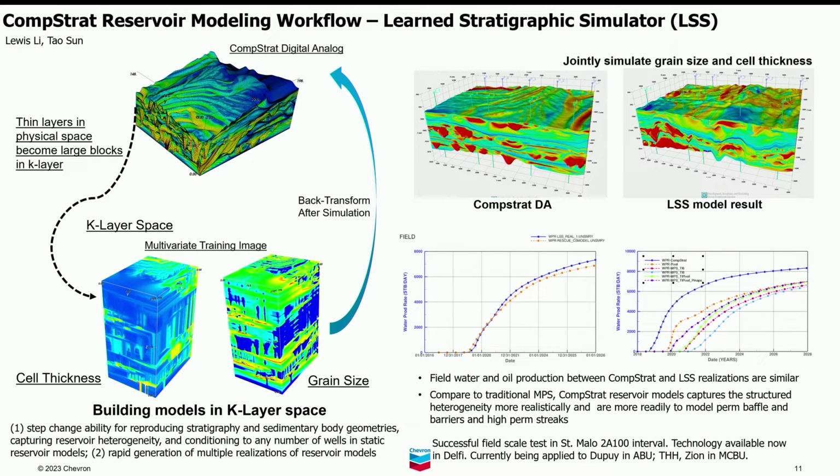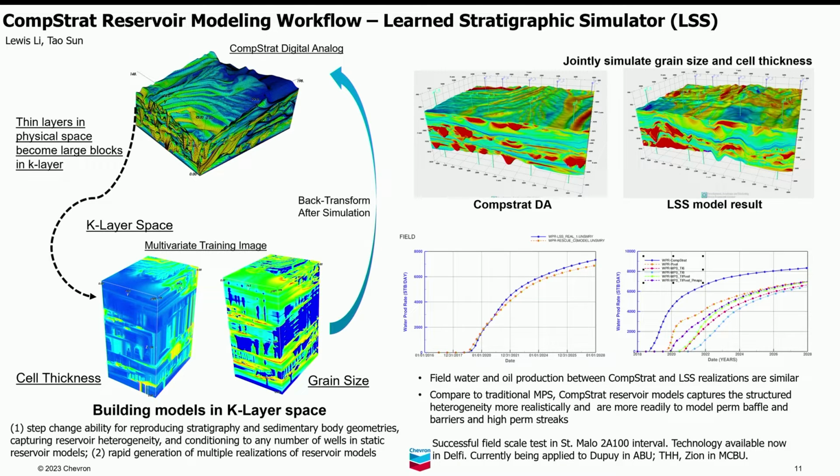I'm not going to go through a really detailed description, but a very innovative technology we created is called learned stratigraphy simulations. Essentially, we use forward model results as digital analogs. We transform those into so-called K-layer space. You can think about models in XYZ real space.